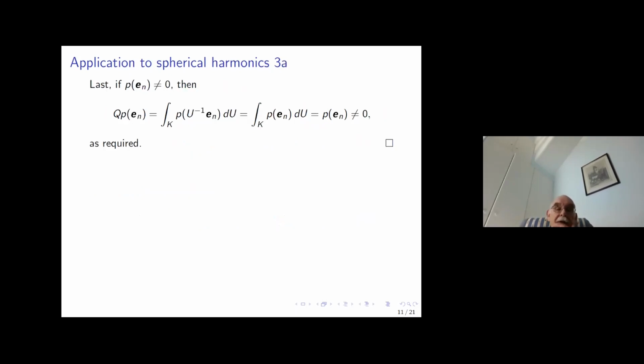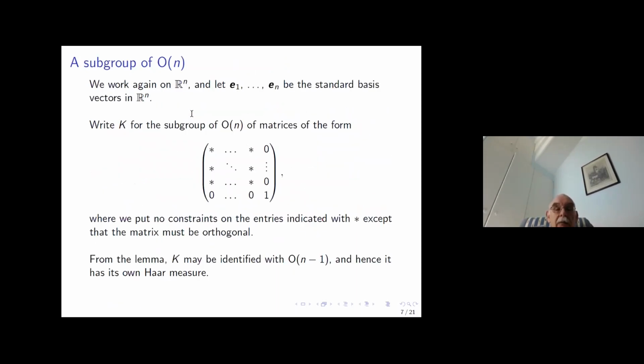And now last, if the polynomial is not 0 at En, then by definition, QP at En is the integral of P of U minus 1 En. Now, U, let me just go back, is a matrix like this. When I apply it to En, the nth coordinate vector 0, 0, 0, 1, I just get 0, 0, 0, 1.